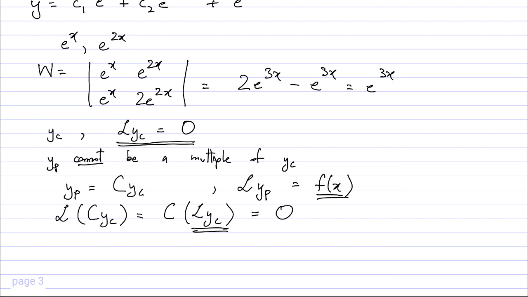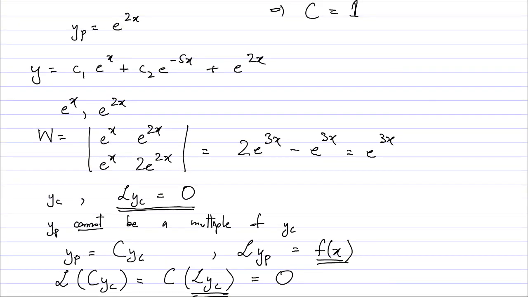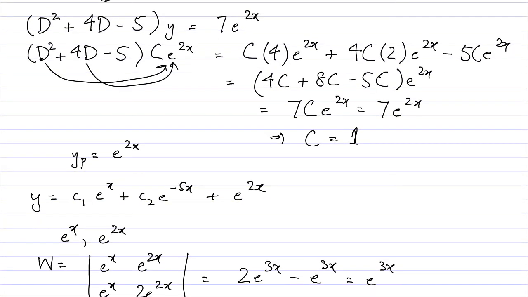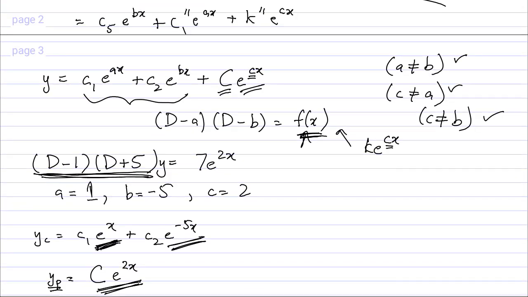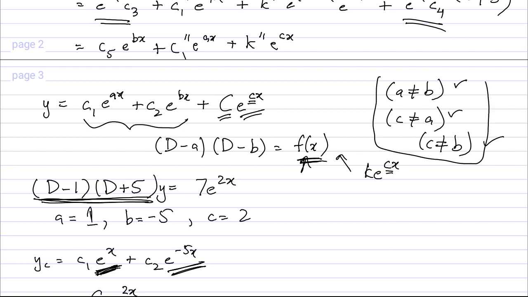So that's what I meant, that yp better not be a multiple of yc, and that is why these conditions are actually important. These guarantee that your guess is not a multiple of these functions appearing in your complementary function. That's exactly why I said C is not equal to B. That guarantees that your guess is going to be linearly independent.